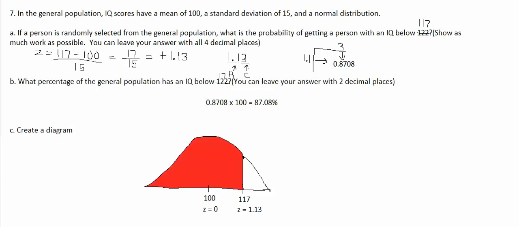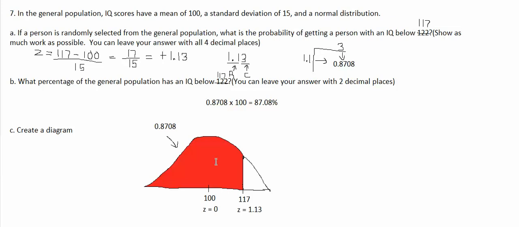Now let's label the probability of randomly selecting a person from this area. So we know that the probability of randomly selecting a person from this area is 0.8708. And we also know that 87.08% of the population is in this area. And this is what this is basically saying right here. And once you label the probability, that's it for the diagram.